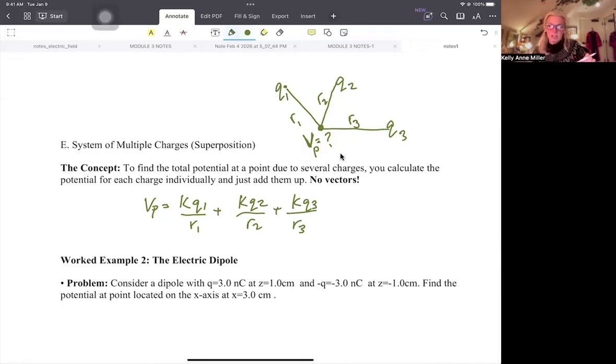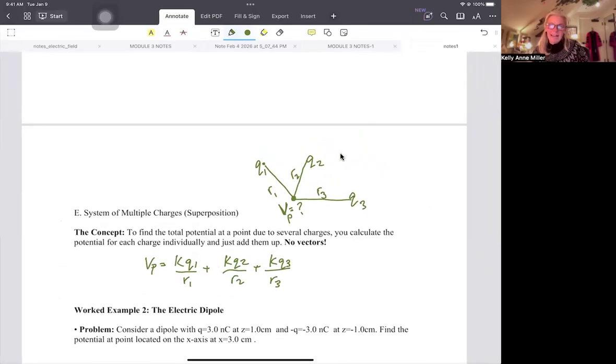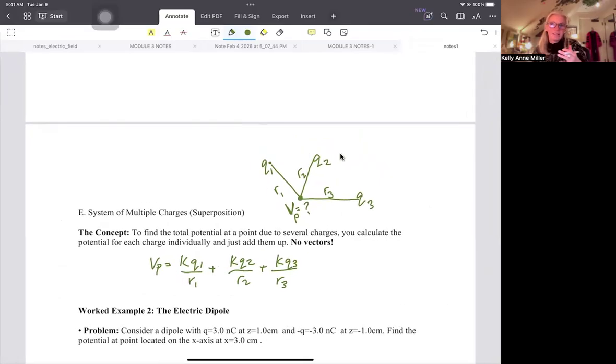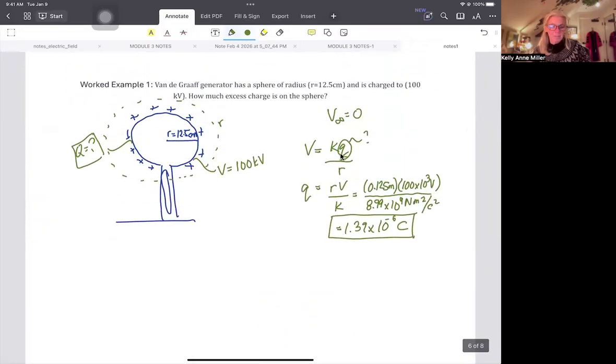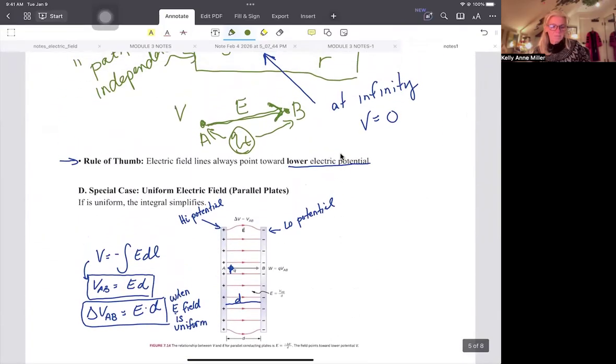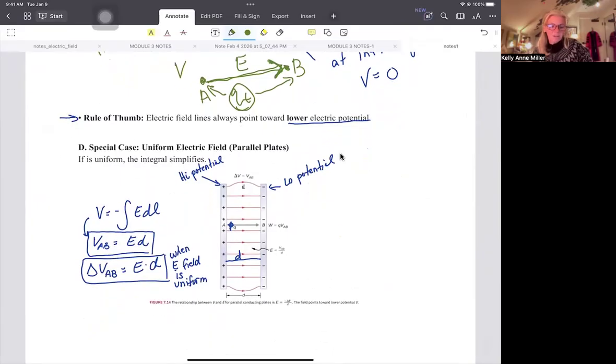It's often easier to get the potential and then back out the field from it. That's another strategy for finding the field, in addition to the one we did last week, which is Gauss's law. If you think of the relationship back up here, if you have the potential, which you can get using superposition by just adding up, not vectorially because it's a scalar, then you can differentiate to get the electric field.